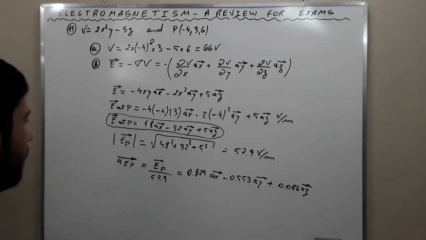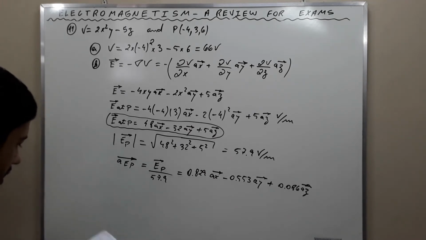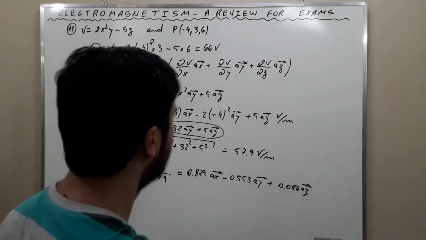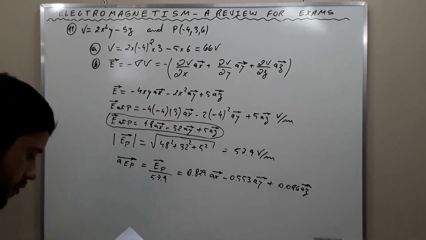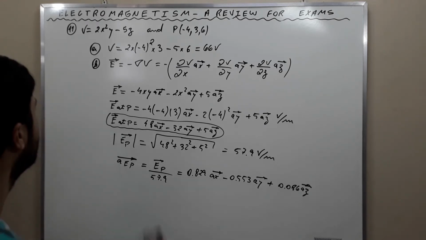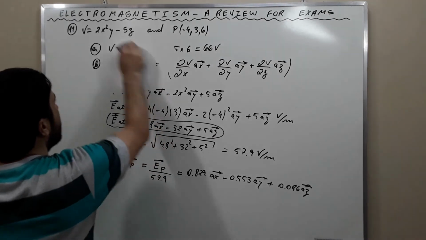And this is all for letter C. Letter C wants from us the electric flux density D at P. So let's go do it.